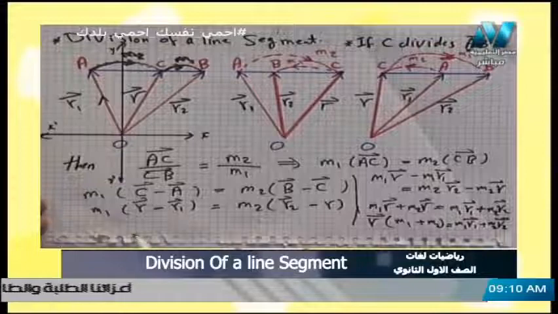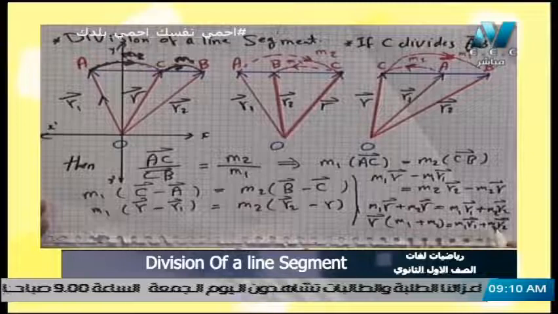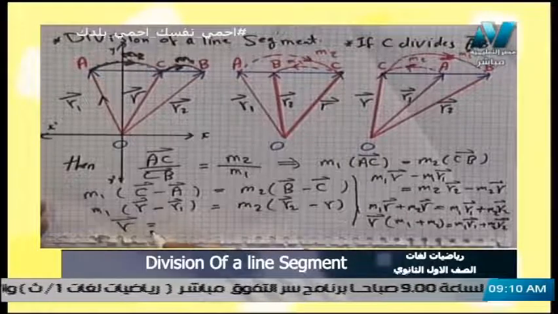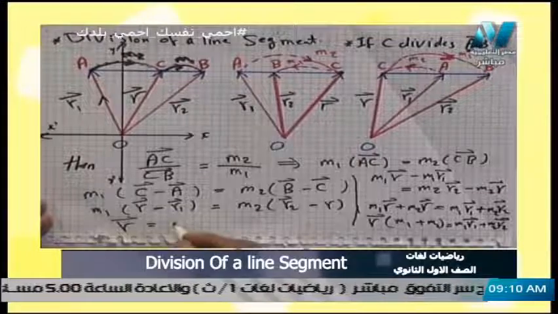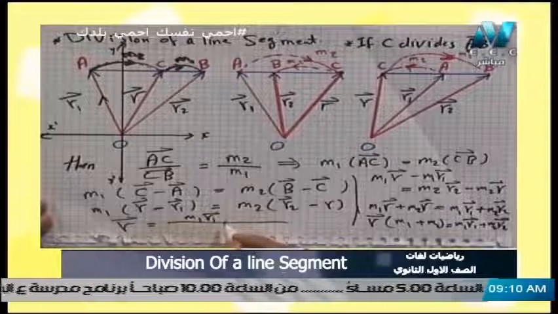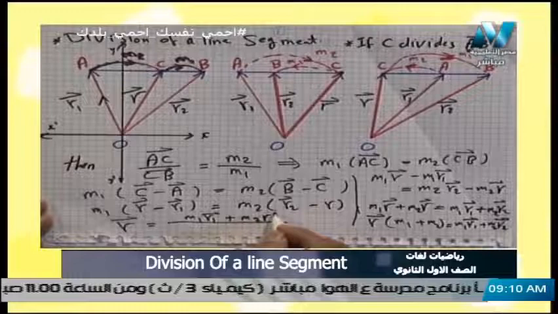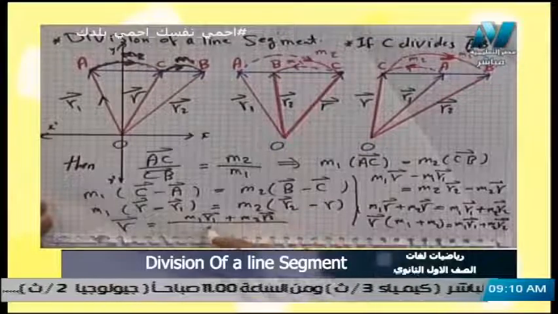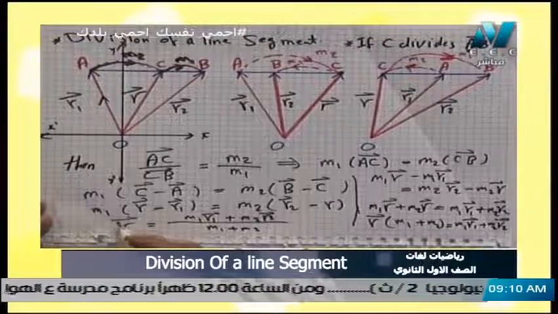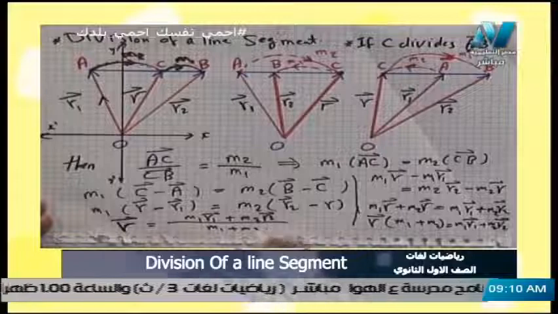Okay, if we divide by M1 plus M2 on the other side, we find that R equals M1 R1 plus M2 R2 over M1 plus M2. We call this method to divide a line segment the vector method, or the vector form.